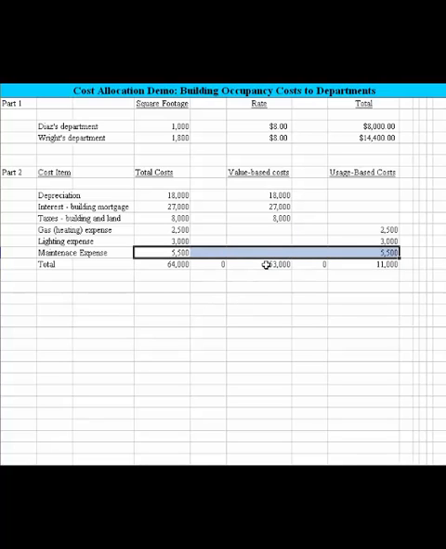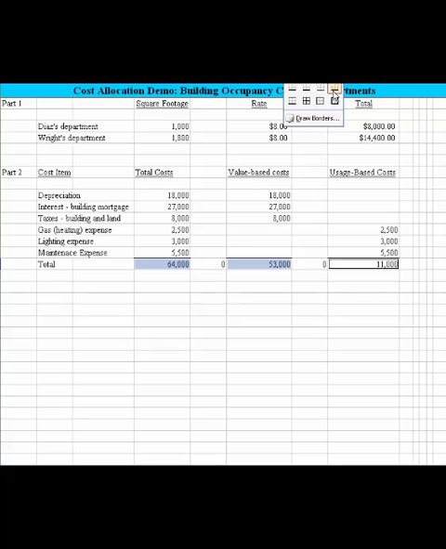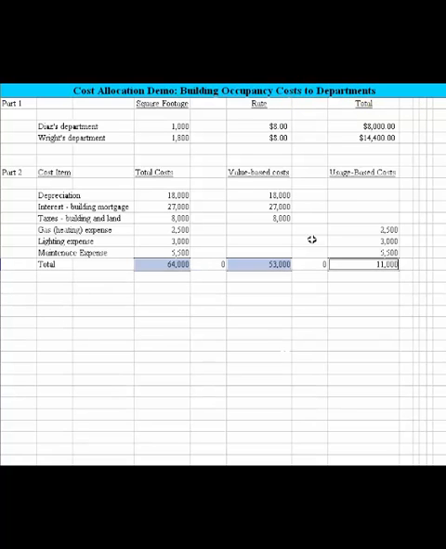So if we draw the equivalent of an underline here, we've got a total cost that we can consider. Why don't I just do this one so we can see that, and then delete these cells. We don't need that. So we've got $64,000, of which $53,000 will be allocated on a value approach and $11,000 on usage.